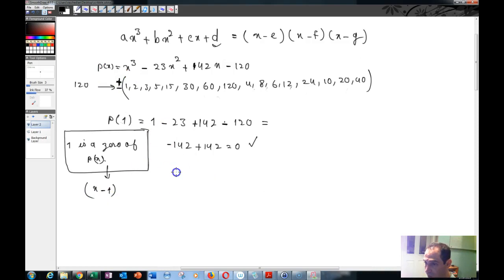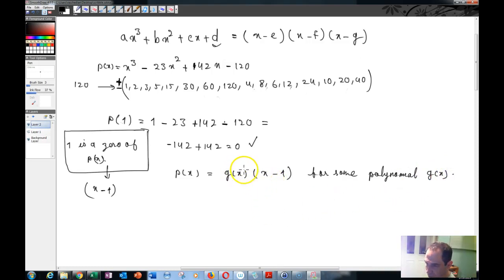So I can write p of x as some polynomial g of x times x minus 1, and I know that x minus 1 is a factor of p of x, for some polynomial, for example, g of x.